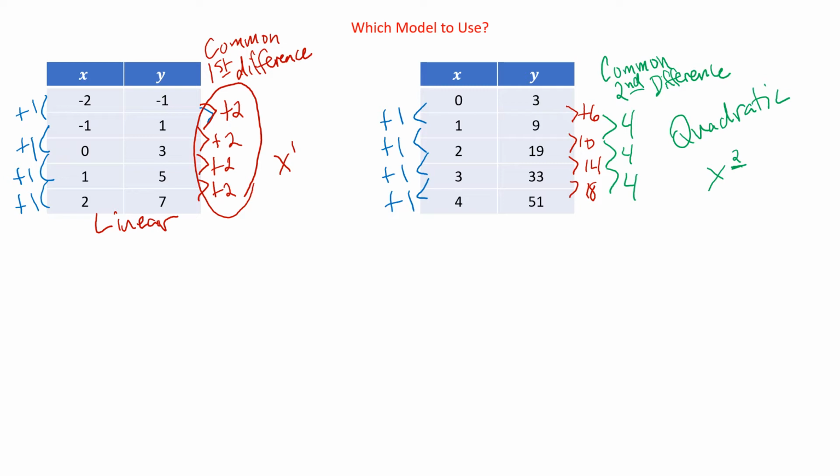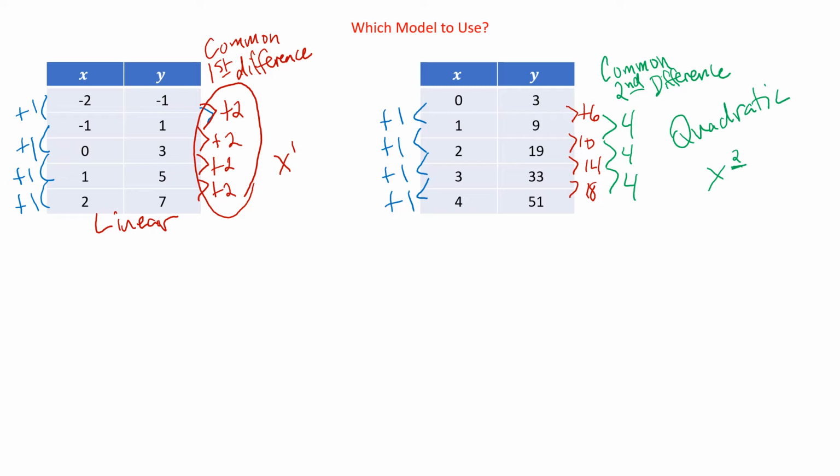It would be x cubed. That's beyond what we're doing right now, but this pattern actually extends. If we had enough data points and the 17th difference was the same, we'd have an x to the 17th type of function. I don't see that happening. I don't know if I've ever seen a model with that, but that's how it would happen.